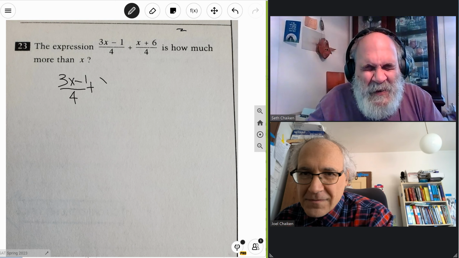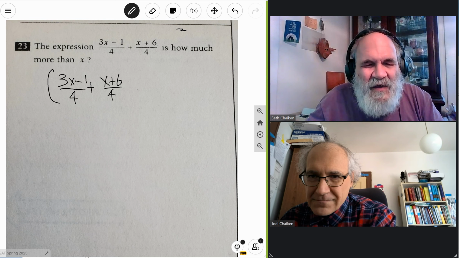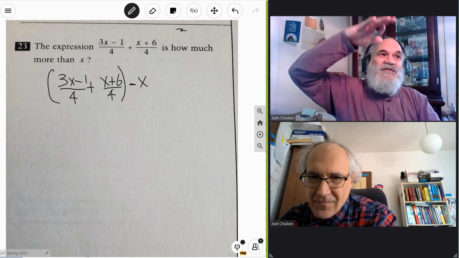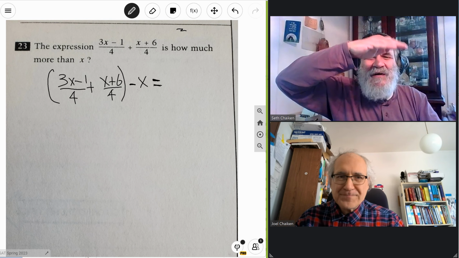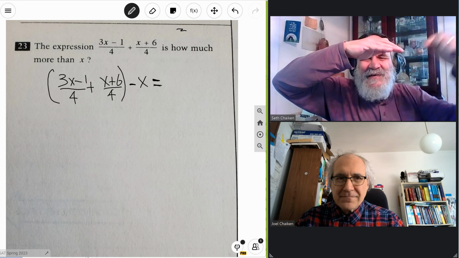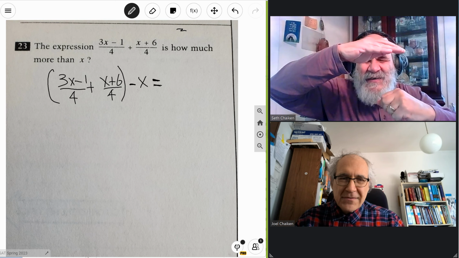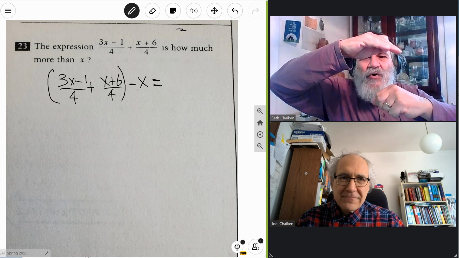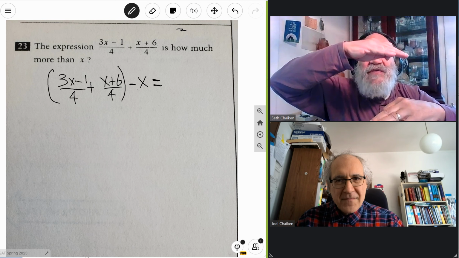What I'm thinking is that expression is up here, and X. You want to know how much more it is than X? Okay. So I'm thinking that it is more than X.